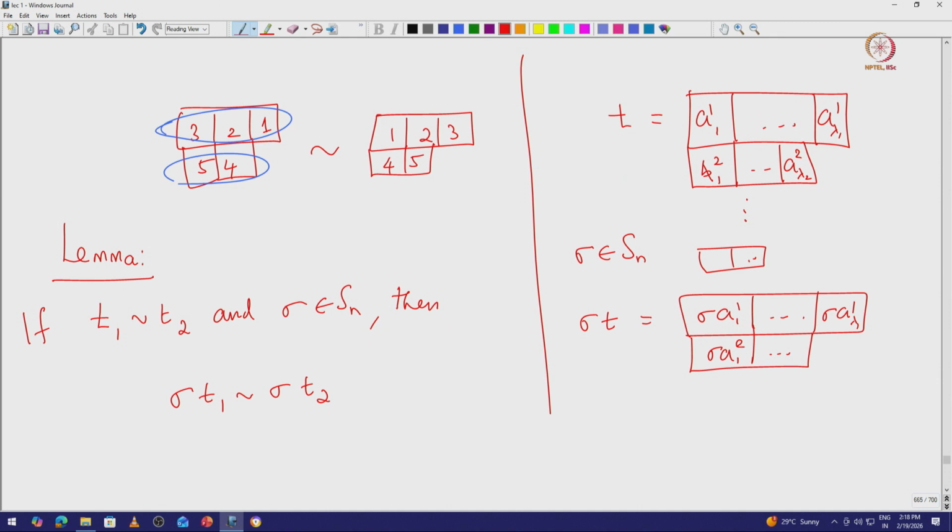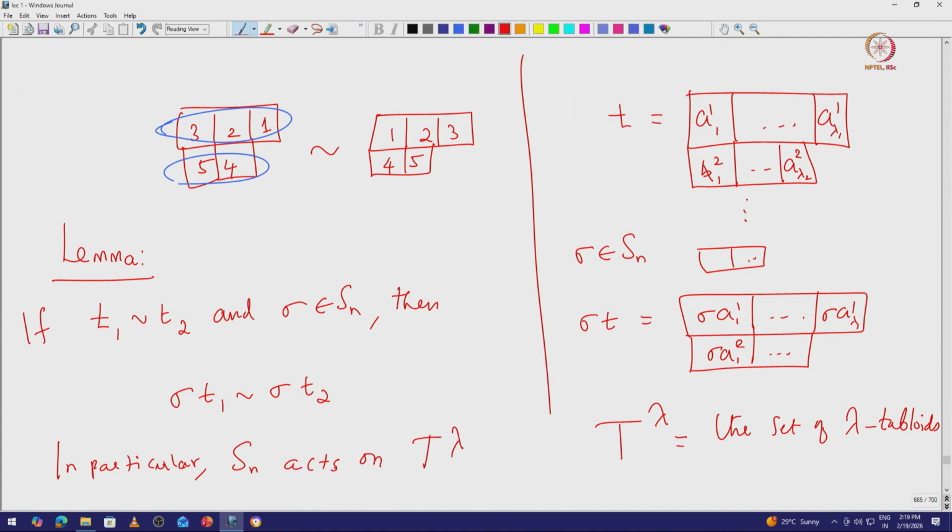In particular, we have a well defined action of Sn on the set of tabloids, which is denoted by T upper lambda. So, Sn acts on this T lambda.